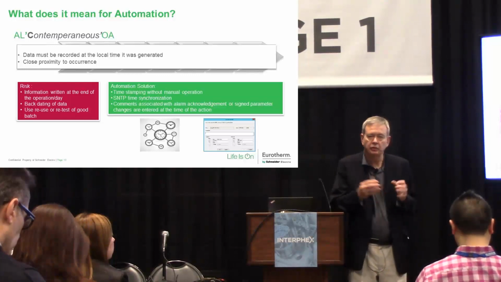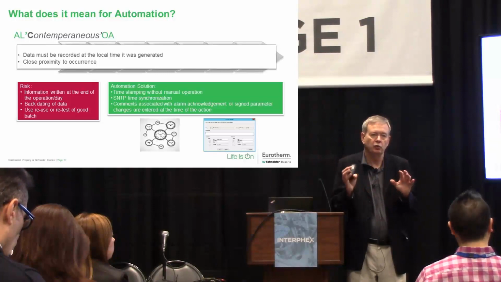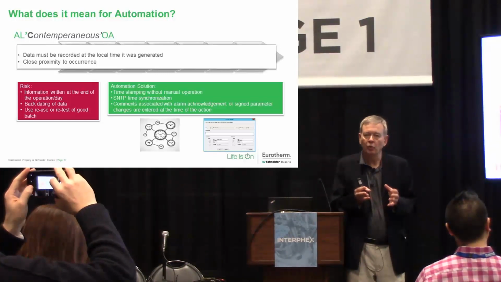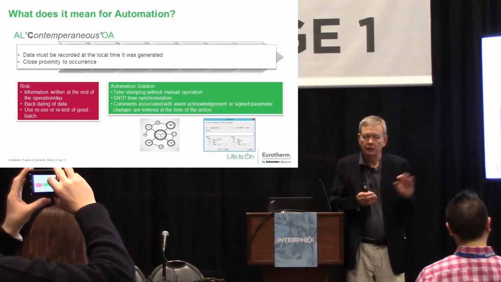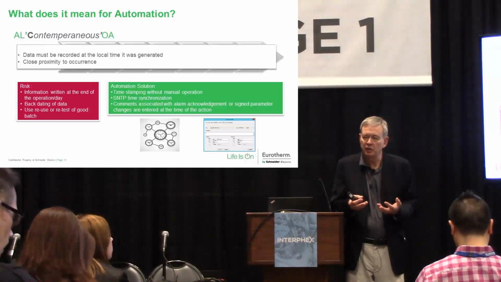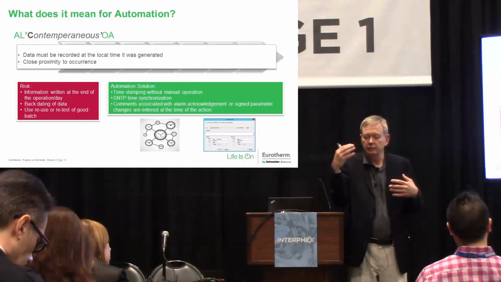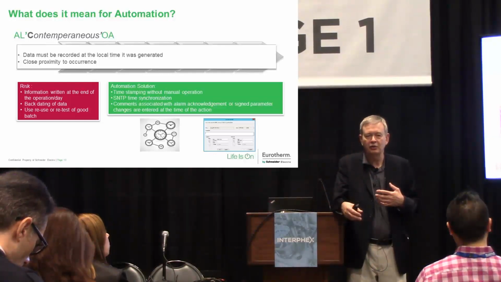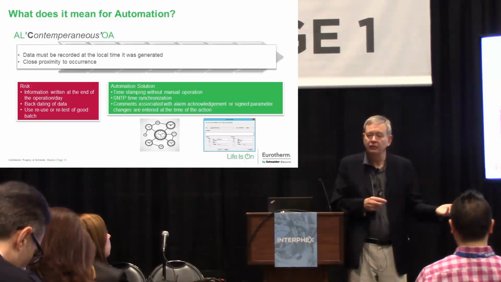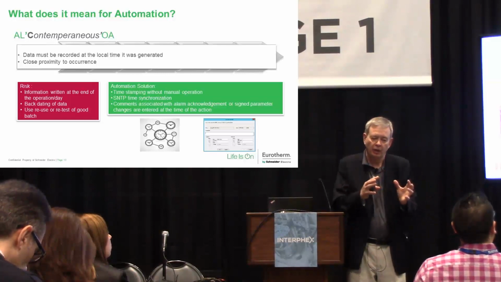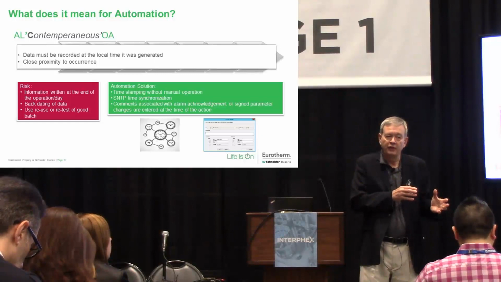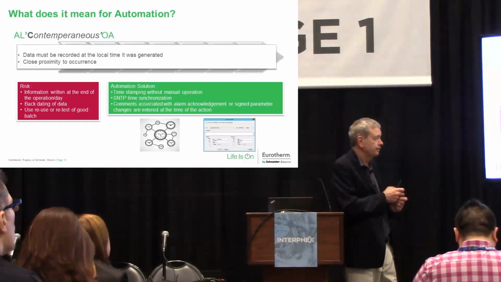Contemporaneous is all about making sure that data is collected and recorded either exactly at the time it happens or very close to the time it happens. This is where manual systems get you into trouble, because as I mentioned earlier, humans are busy people, and we have a tendency to procrastinate sometimes, and if you're recording this data manually, you might end up waiting till the end, and you don't have a record that necessarily matches the timestamp for when the activity actually occurred.